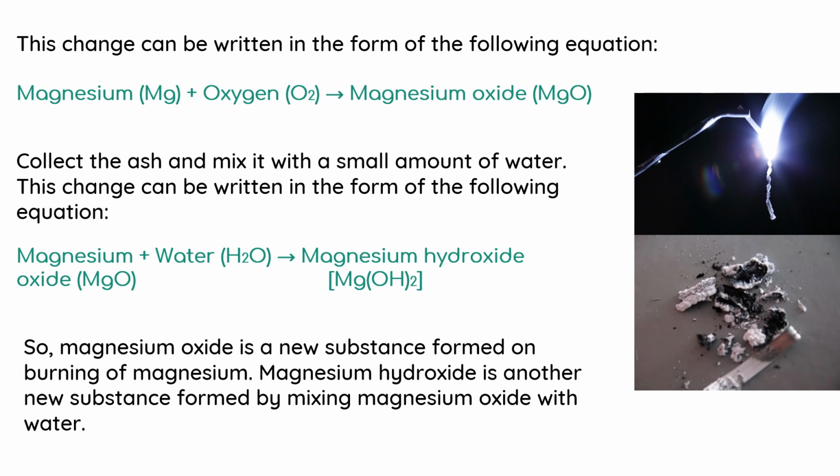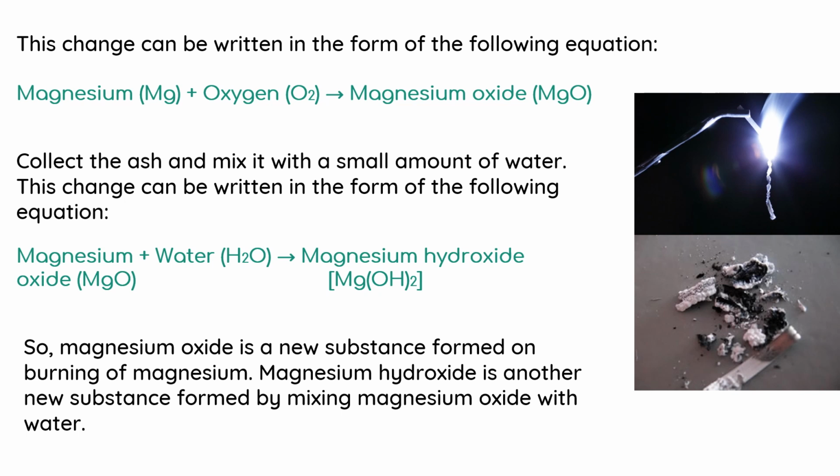You can see one arrow here, which we read as gives. Magnesium oxide. So magnesium reacts with oxygen to form magnesium oxide, and magnesium oxide is represented as MgO.